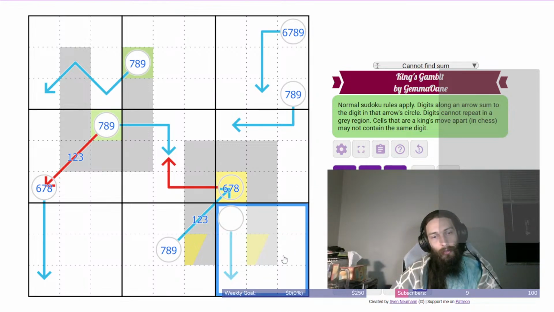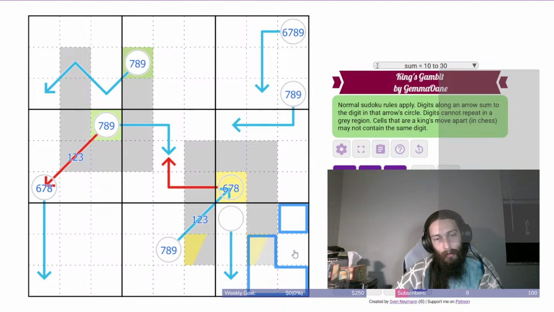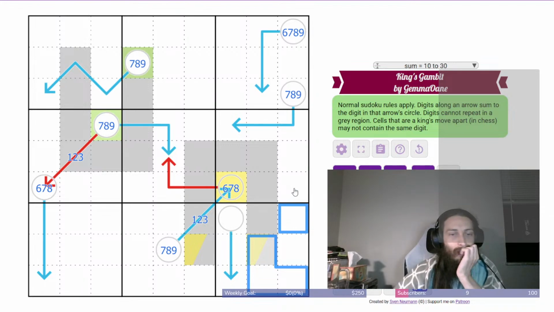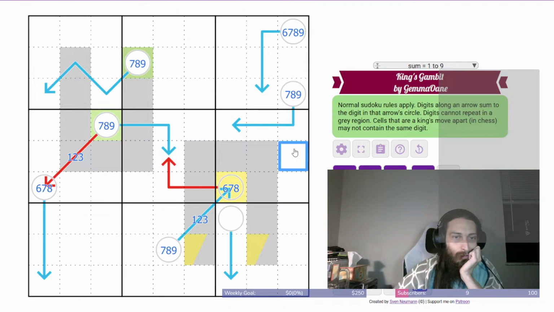Where is yellow in this box? It's not here, it's not there, and it can't be there. That's not that helpful. It's still a lot of locations it could be.